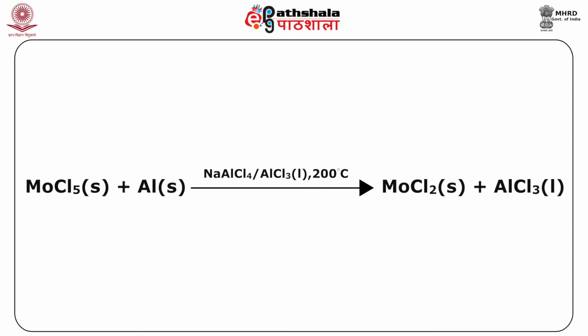For example, MoCl2 is prepared by the reaction of MoCl5 in a sealed glass tube containing a mixture of NaAlCl4 and AlCl3 together with aluminium metal as the reducing agent.